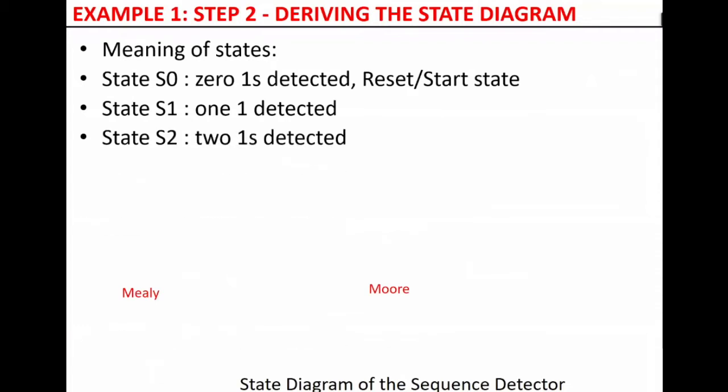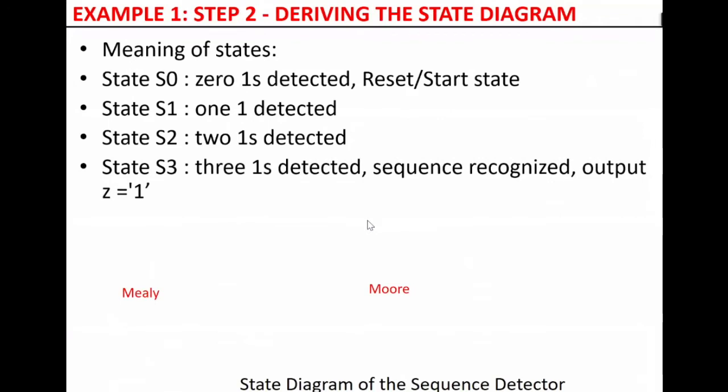State 2 is 2 ones detected. State 3 is the third consecutive one detected, and the output should be 1. There are those people who would have state 4 and still have the right answer. That is why we have optimization, state reduction. I said separate chapters. So don't worry if you had more, but you don't need to have 2 more states. Any question up to there?